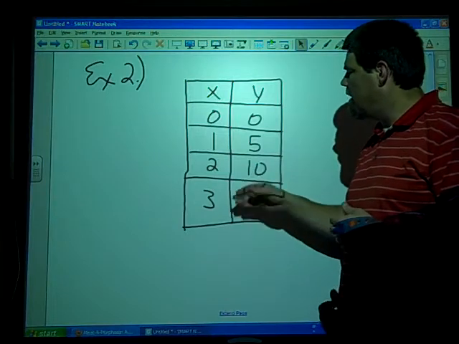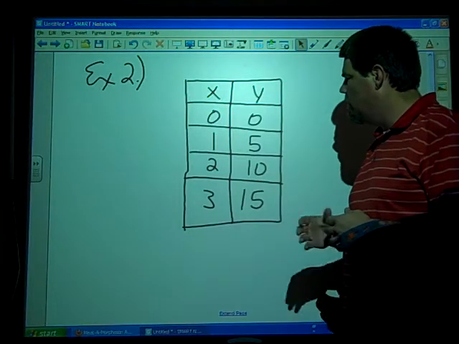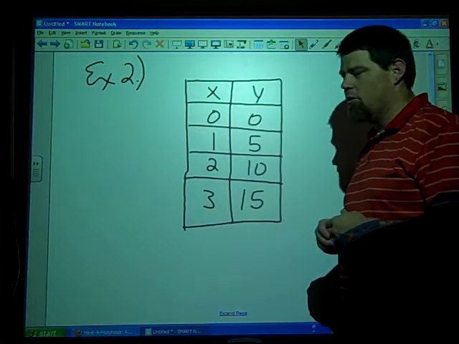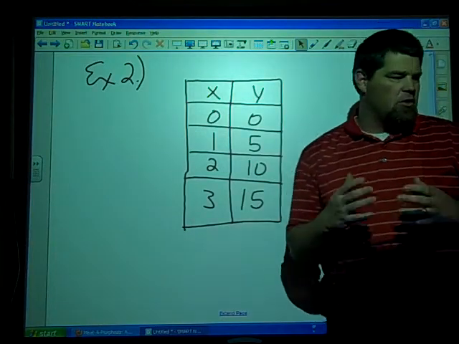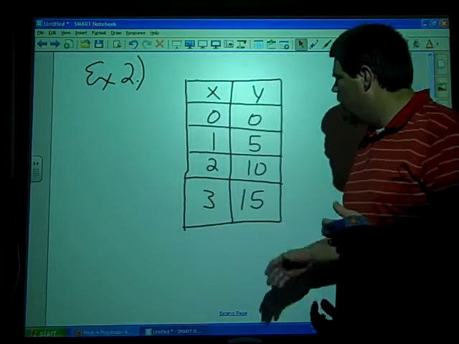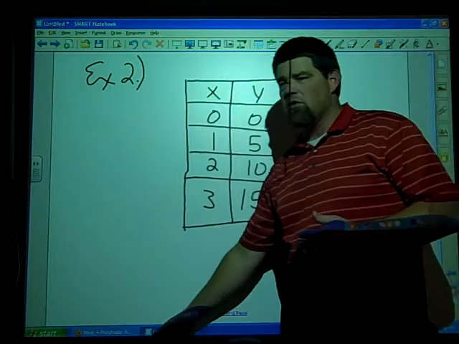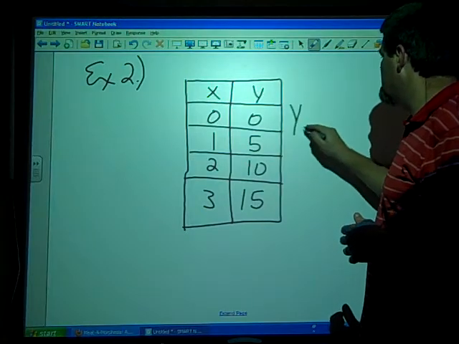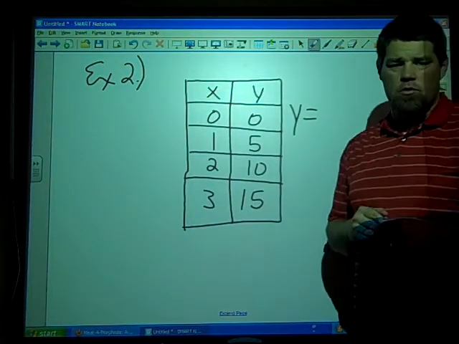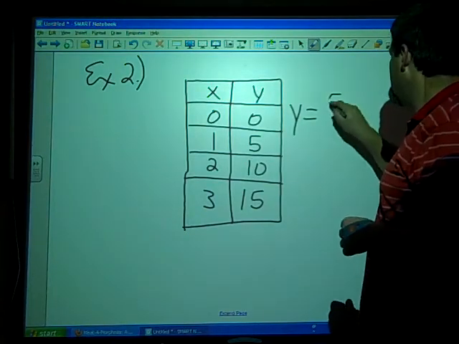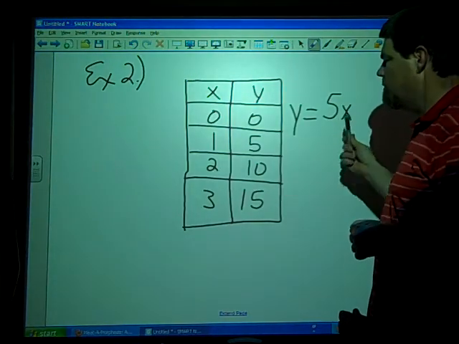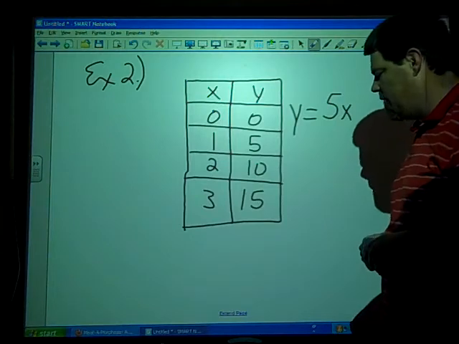And when they put 3 into the function machine, what was the operation to come up with the output value of 15? All right, so to write this rule, it looks like they multiplied by 5 every time. So our rule for this would be y equals 5x. They multiplied 5 times the input value to get the output value.